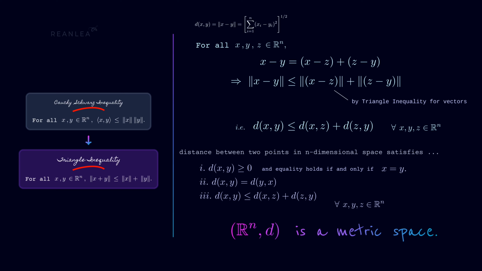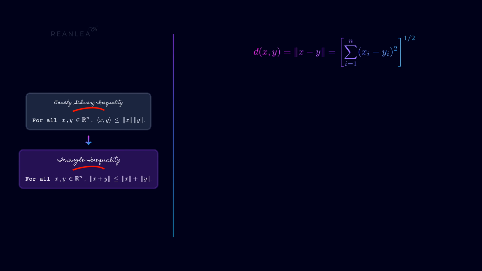And one such example of a distance function is d of x, y equal to norm of x minus y, which is defined as the square root of the summation of x_i minus y_i, whole square, for i from 1 to n. And with respect to this distance function, the unit ball in R2 is the circle of radius 1, and you can check it.